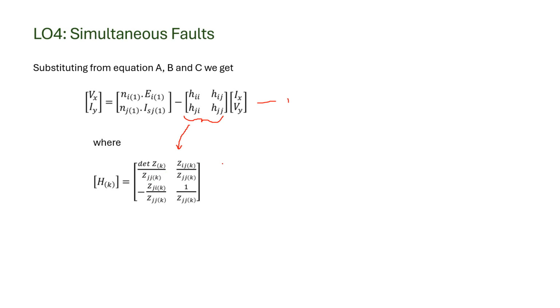It is easy to form the Z bus instead of forming the H bus, because we have a building algorithm for Z bus. So what we do in the actual practical case is find Z bus as if it is a two-port network. We are considering only two ports seen from the faults, and then we find the corresponding H model by this equation.